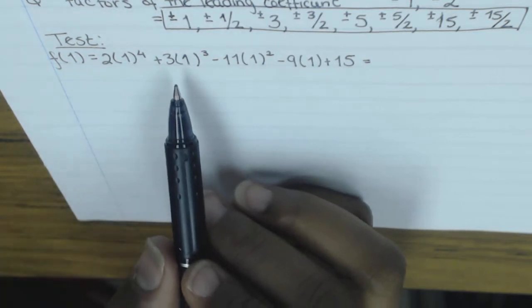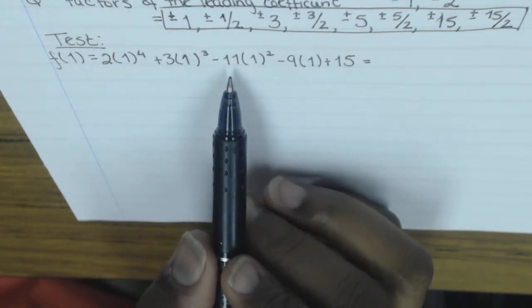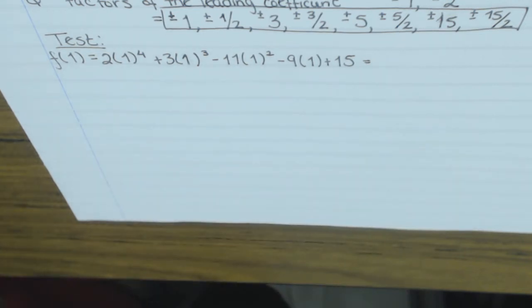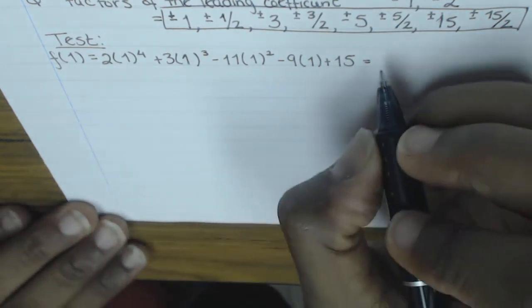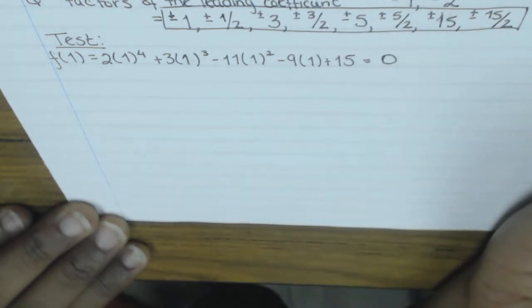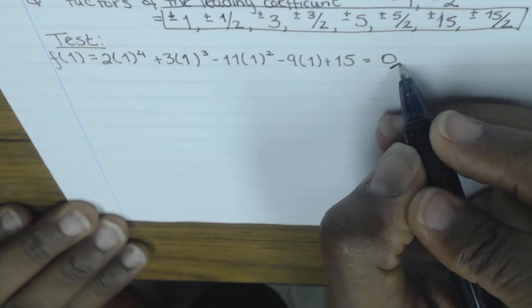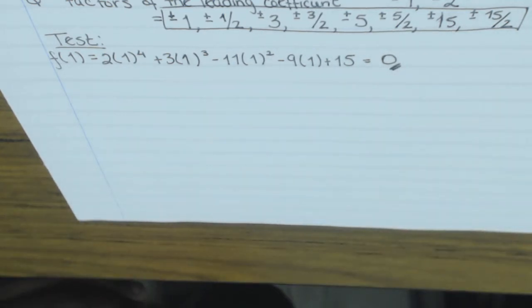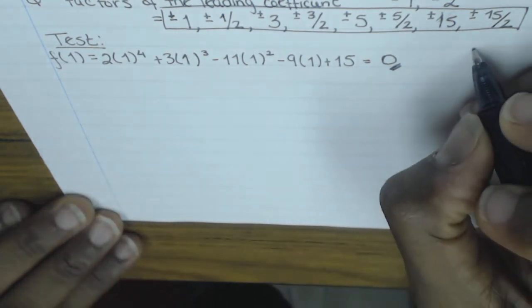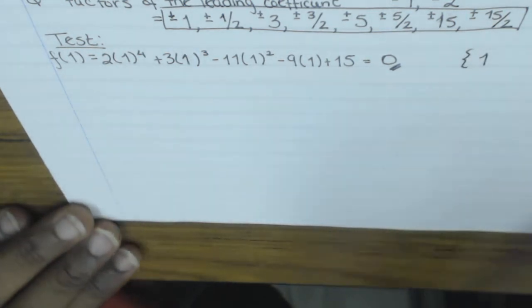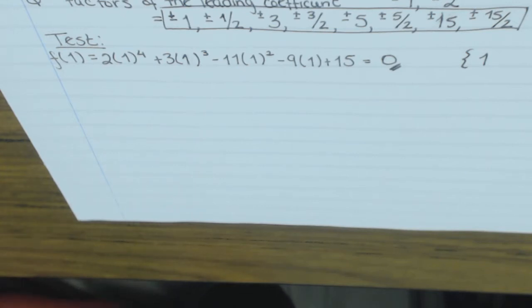So 2 plus 3 is 5, minus 11 is negative 6, minus 9, plus 15 gives me 0. Since my remainder is 0, 1 is a factor, so 1 is a solution.